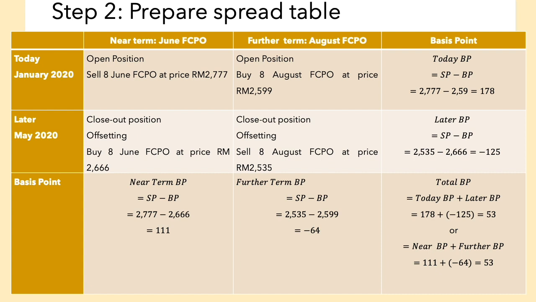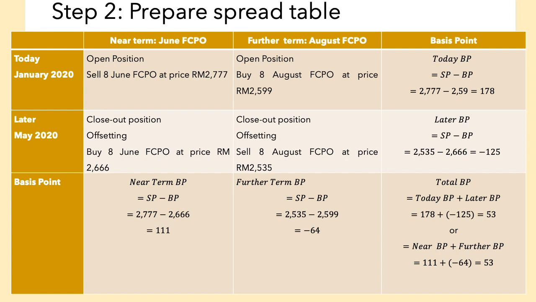For later, the selling price at 2535 minus buying price 2666. So you get negative 125. So if you sum up basis point for today and later, 178 plus negative 125, you get 53 basis point. That is calculation based on time.